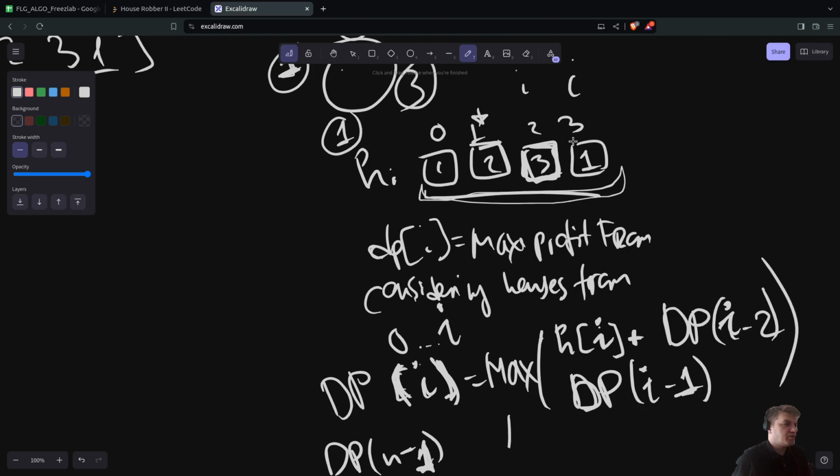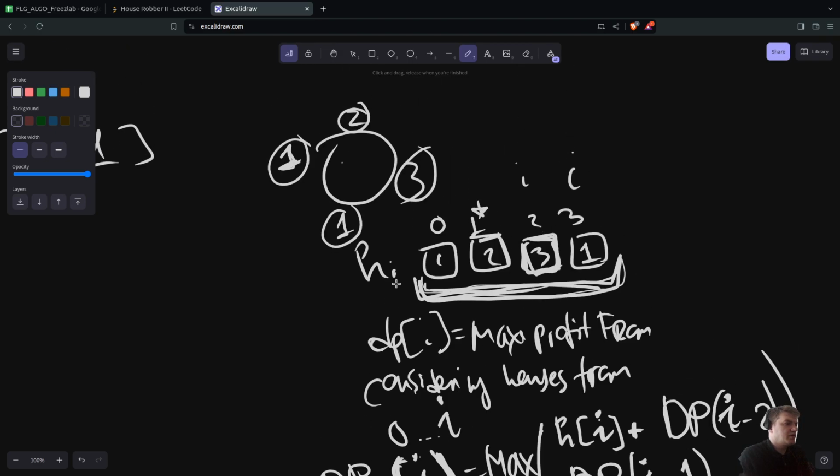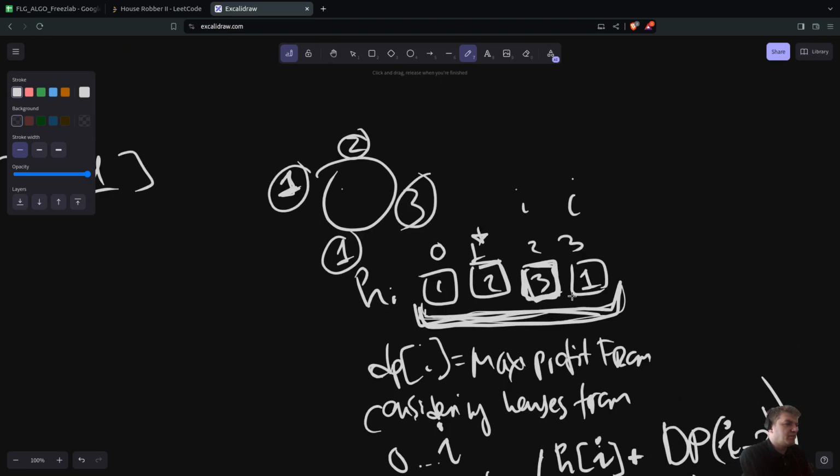So what's the problem here if I convert this one line of houses to a circular one? The problem is that if I decide to rob the last house in the row and the first house, that will definitely call the police, because in a circular structure the last house and the first house are neighbors.